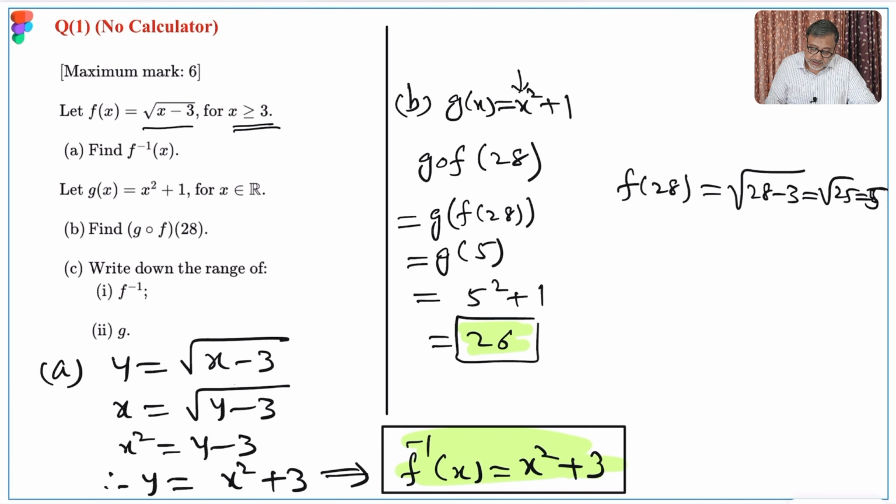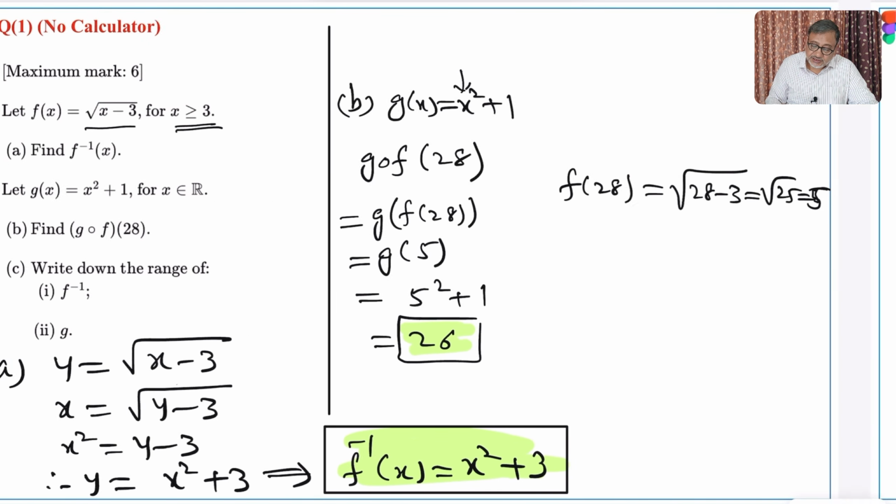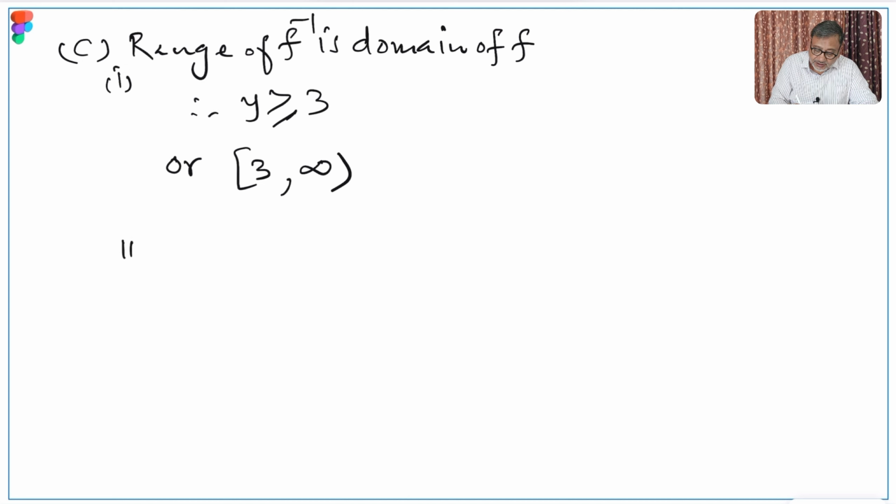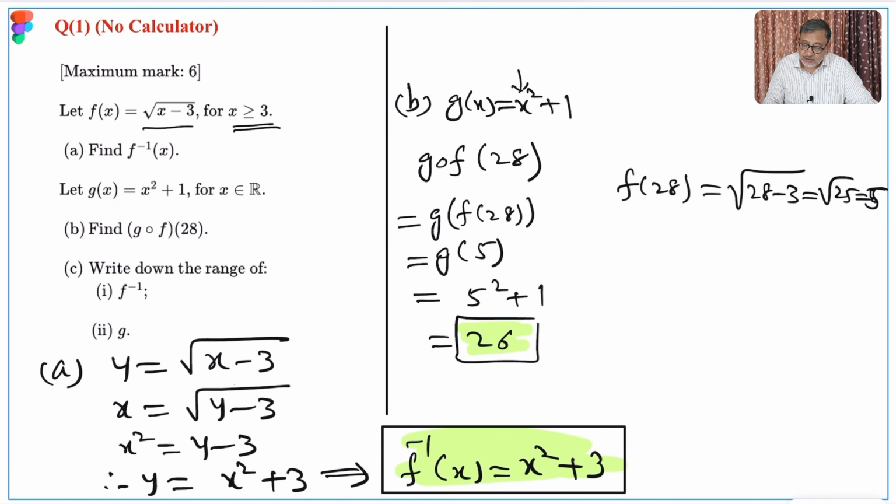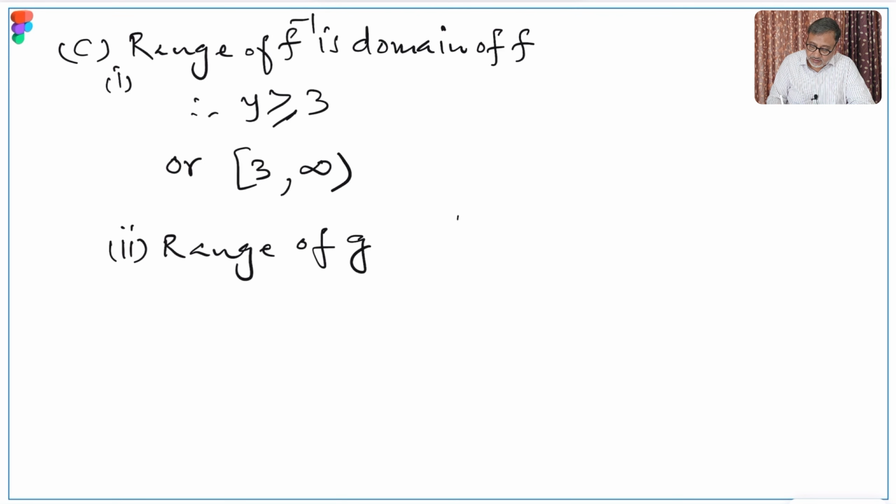Now the second part says write down the range of g. So for the second part, the range of g we have to find. Now g is like this. For the range of g we have to know the domain of g, right? From the domain you can find the range. What is the domain of g? Domain of g is all real numbers. But when you draw the graph of g, it is something like this.